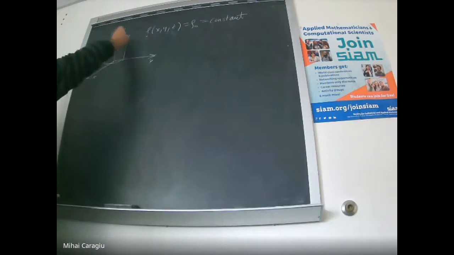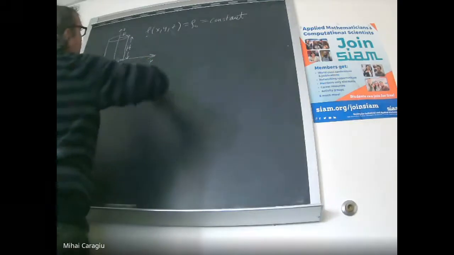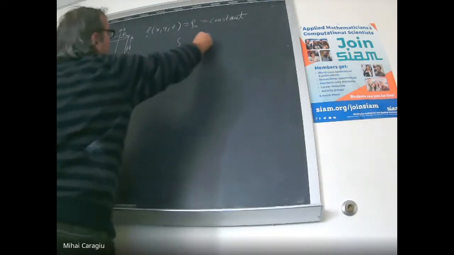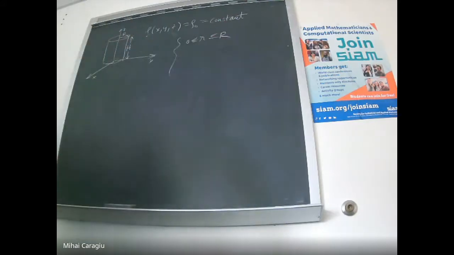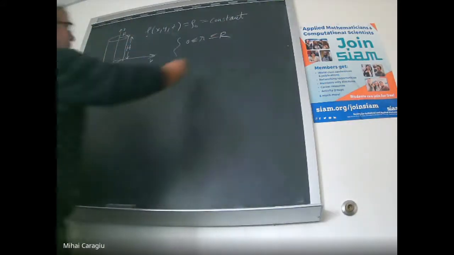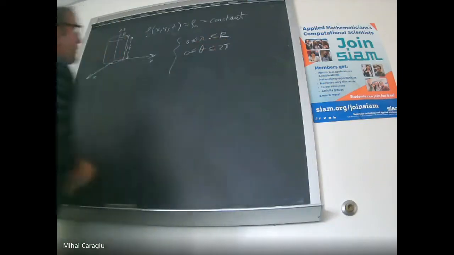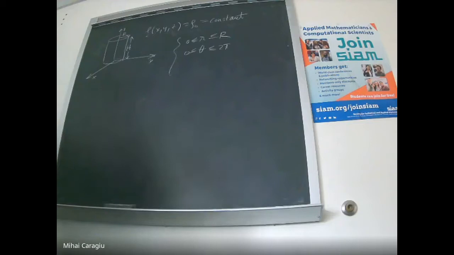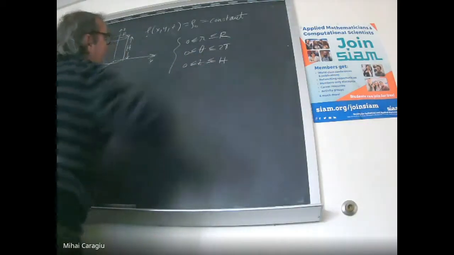And the radius is r, and the height is h. So how do we express this cylinder in cylindrical coordinates? Small r is between 0 and big R. Now, being rotationally symmetric, theta is between 0 and 2 pi. And then z is between 0 and h.